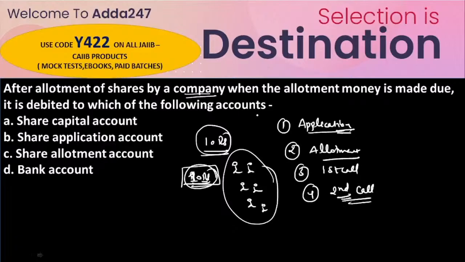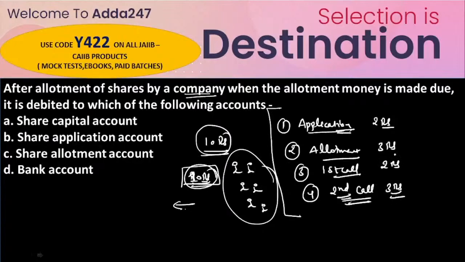It is not necessary for every company; I'm just taking an example of a company issuing shares. Suppose the company wants 2 rupees in application, 3 rupees in allotment, 2 rupees in the first call, and 3 rupees again in the second call. That will be equal to 10 rupees total.